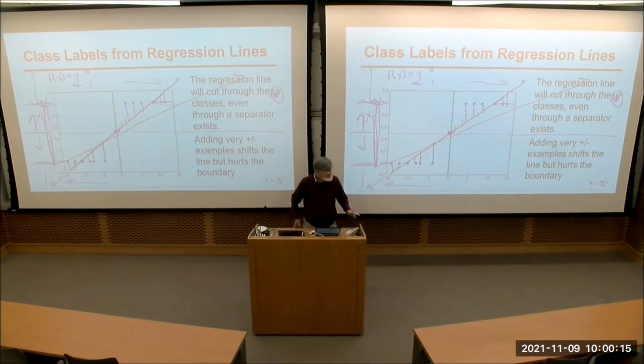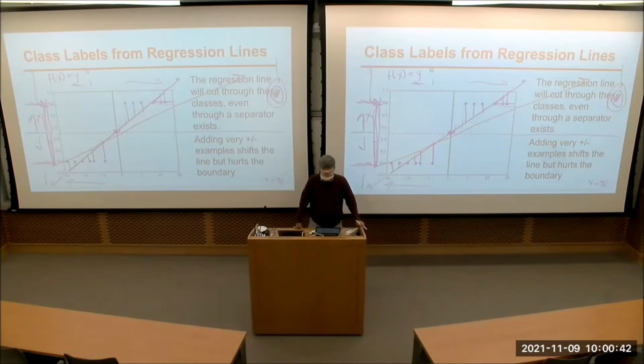And if you think about that, is that a problem? Well, it's a problem in that, first of all, linear regression responds quite aggressively to outliers. And second, it's doing kind of the wrong thing because, before we added this point, we would have classified it as positive.